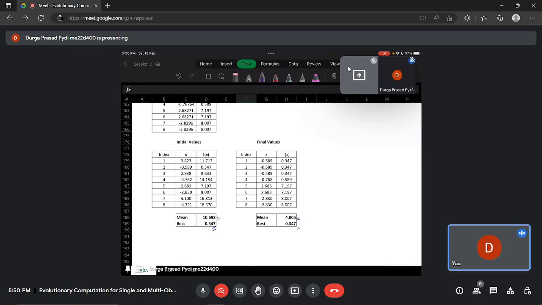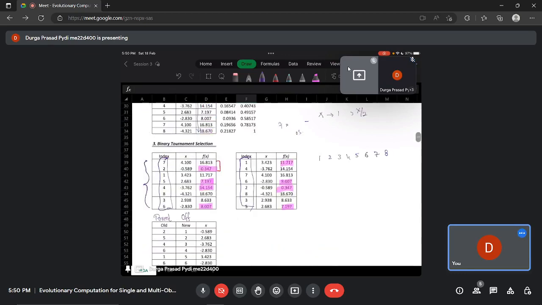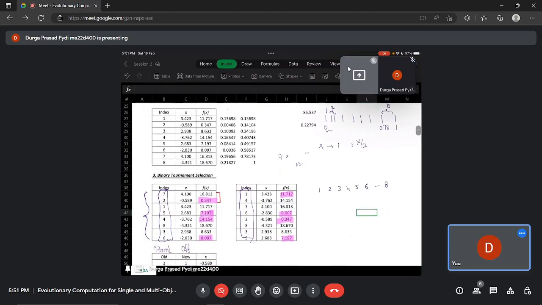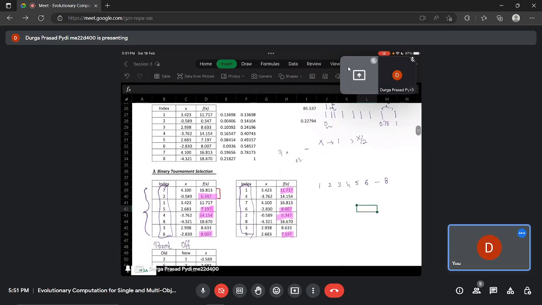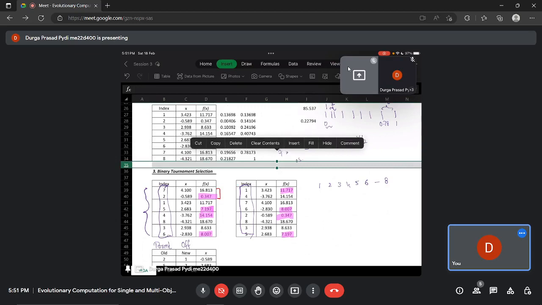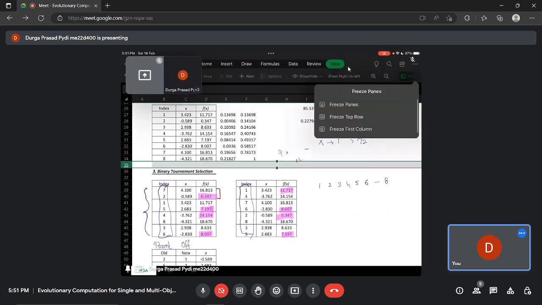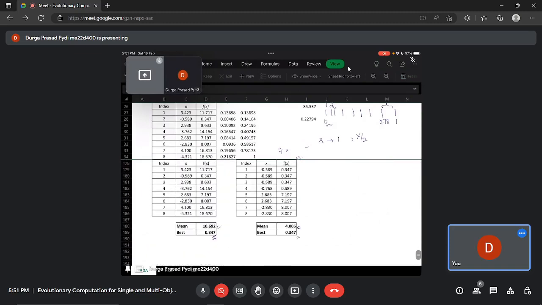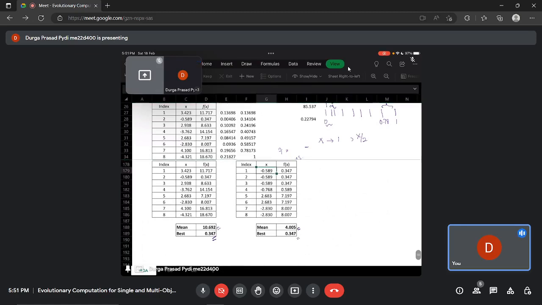So we will just see what happens if we repeat it again. Repeating again is essentially you take the values you obtained before for x and start the process again.